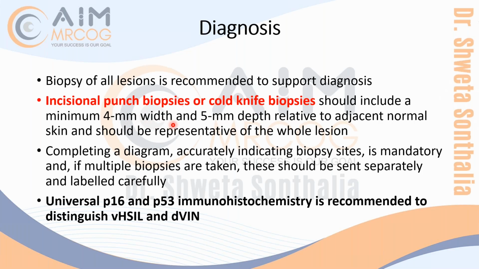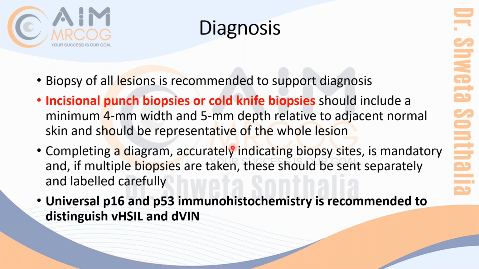Minimum 4 millimeter width and minimum 5 millimeter depth you need to properly evaluate the lesion, and it should involve the adjacent normal skin to compare. If possible, you should make a diagram of where you have taken the biopsy, so it helps you in further planning of treatment, as well as correlating with the previous picture, which will help you in future prognosis.